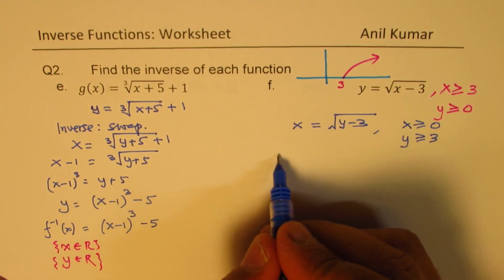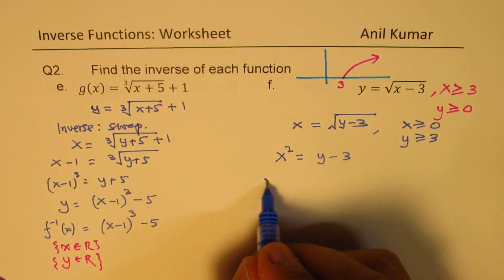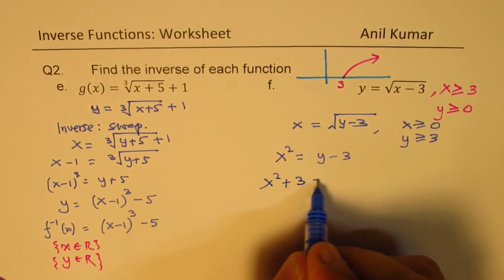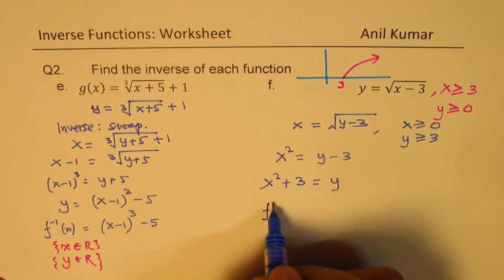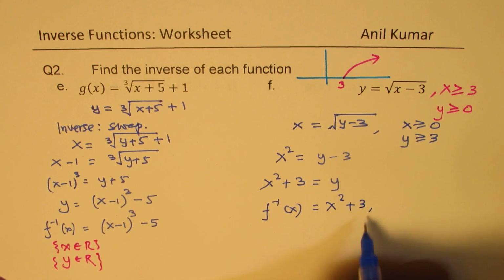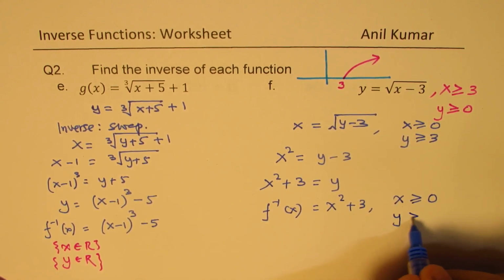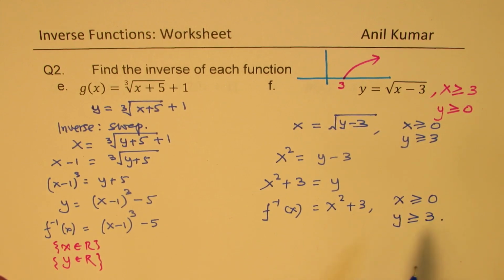So now we'll square both sides. We get x squared equals y minus 3. So we get x squared plus 3 equals y, or f inverse of x equals x squared plus 3. Remember, x is greater than or equal to 0 and y is greater than or equal to 3. It is a must to write this domain and range.